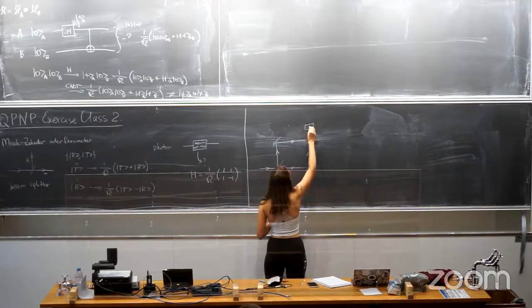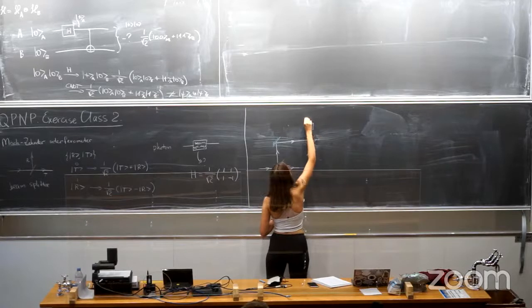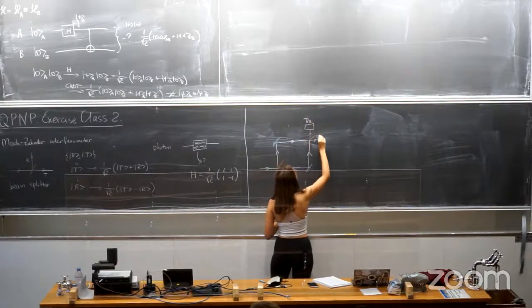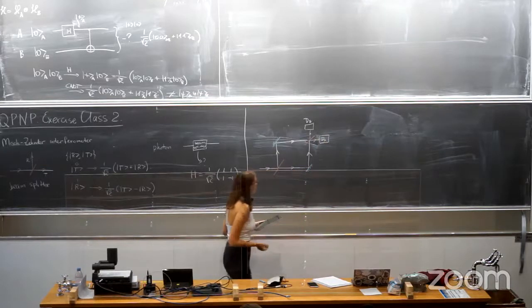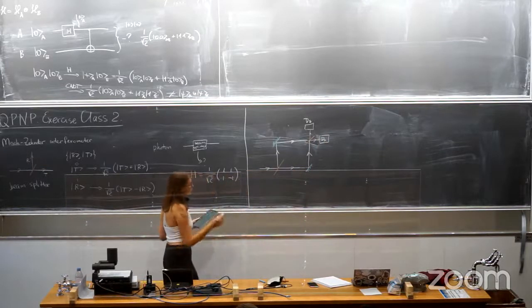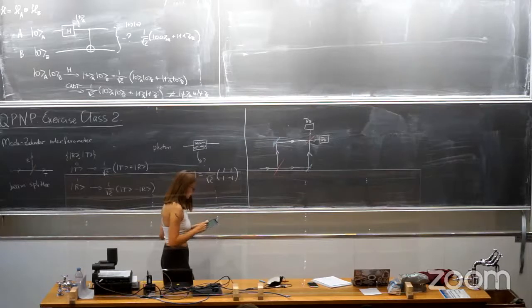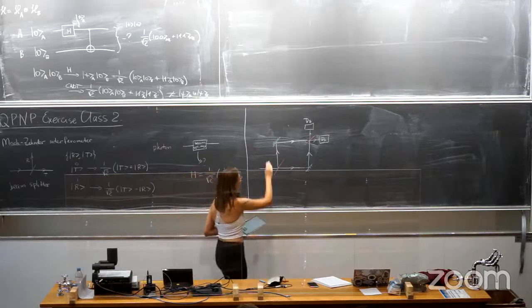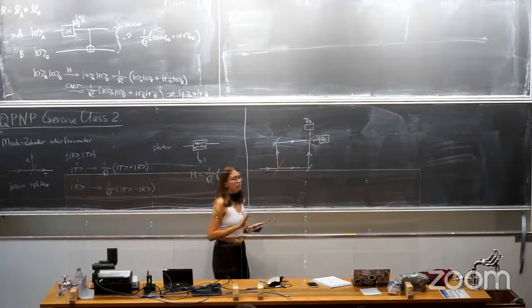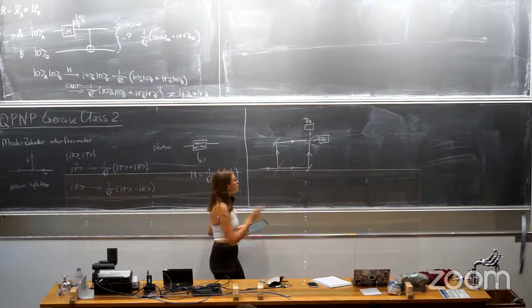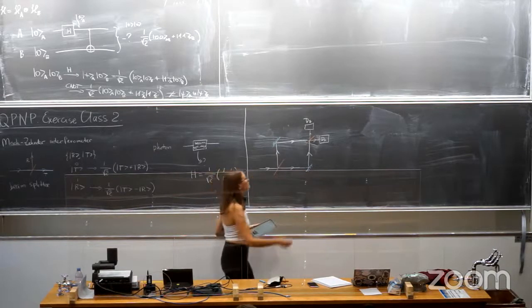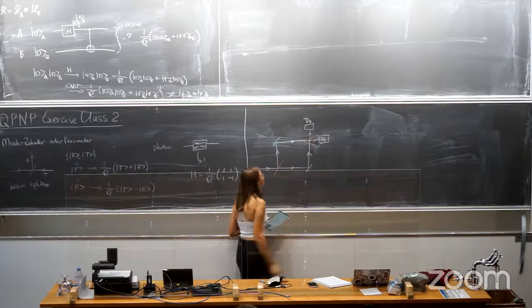And here we have two detectors. So this is a general setup of the interferometer. The mirrors here don't play any role except for redirecting the beam, so they would meet again at this beam splitter.